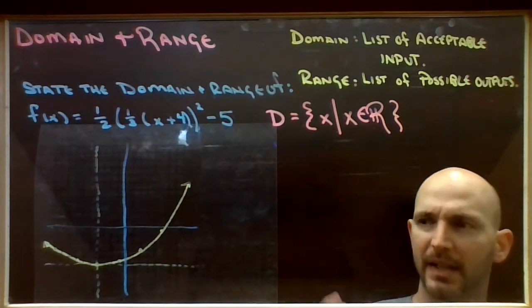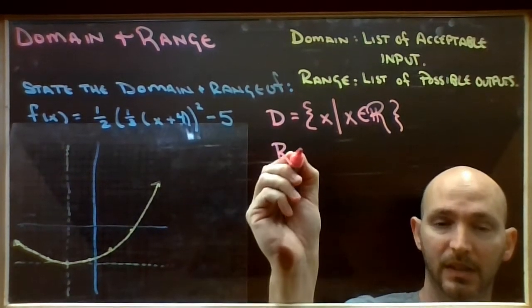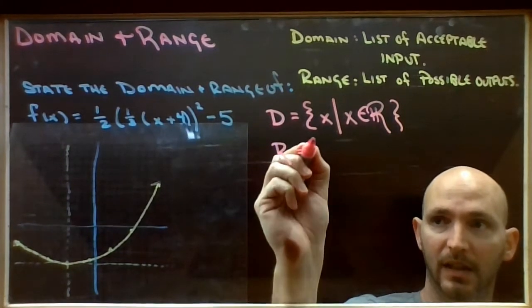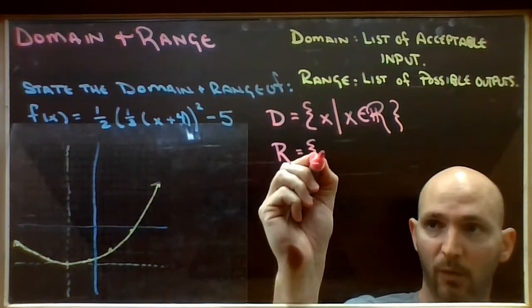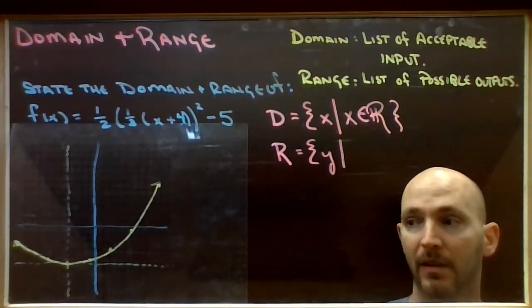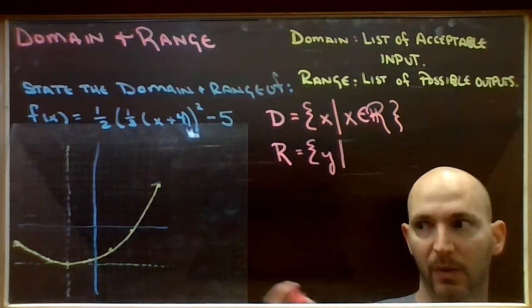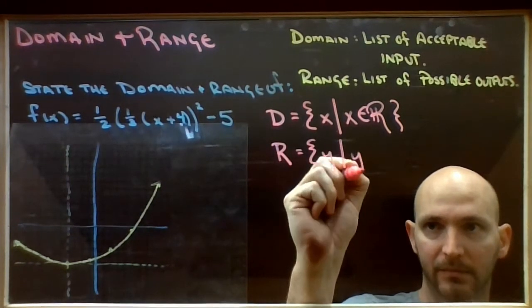So I'm going to start writing that out. The range is a set of y values such that these y values have to be bigger than -5. So I'm going to put that in there.